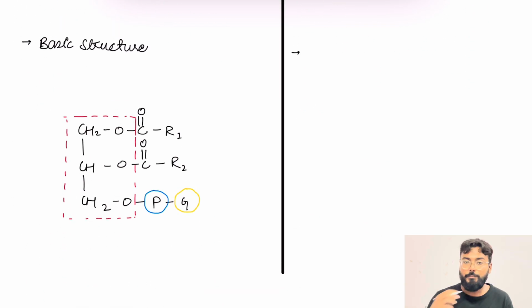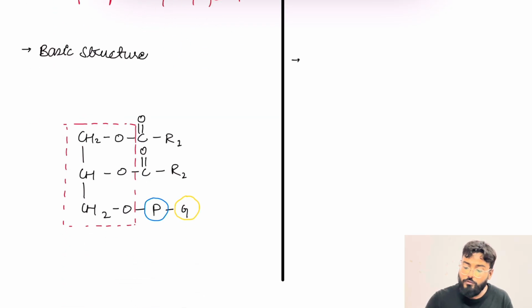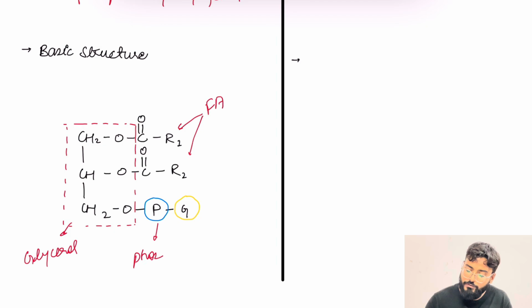Now we will see the basic structure for better understanding of glycerophospholipid. Over here is your glycerol component, these two are your fatty acid components, this is your phosphate group, and this is your head group.